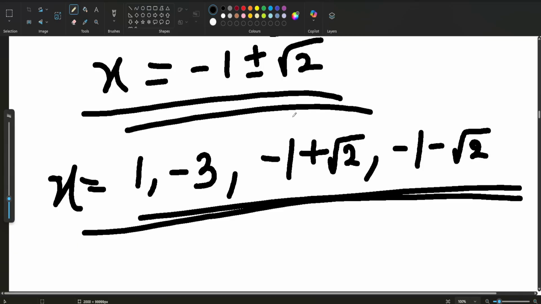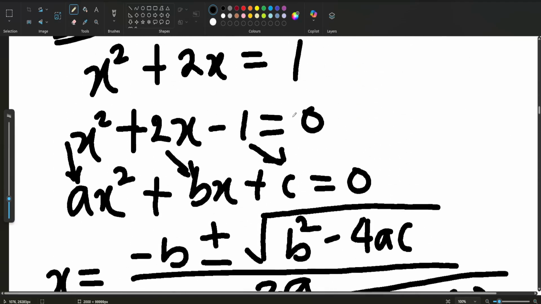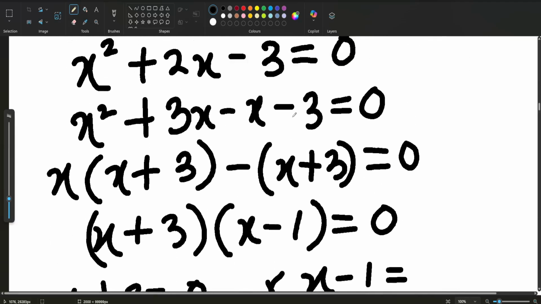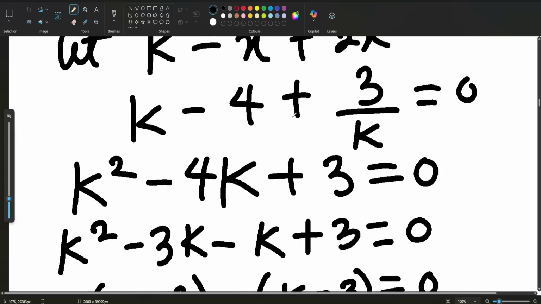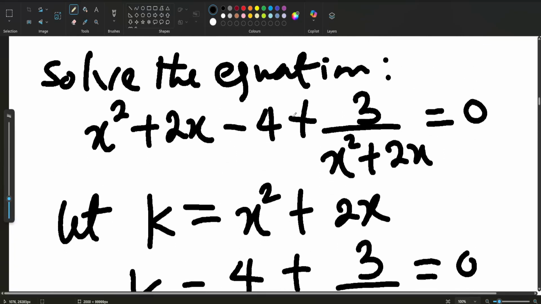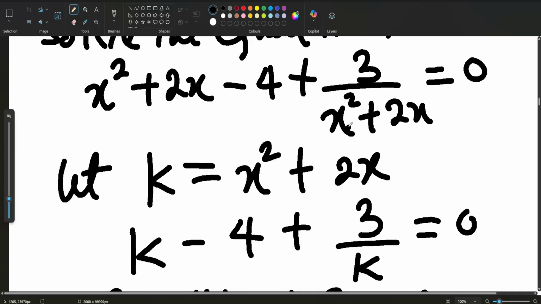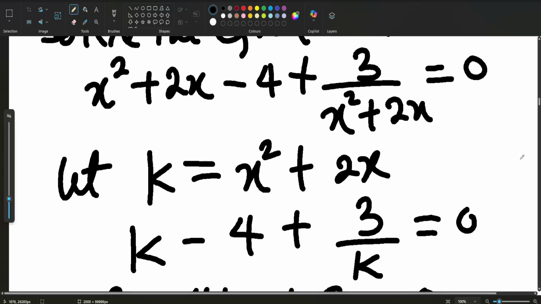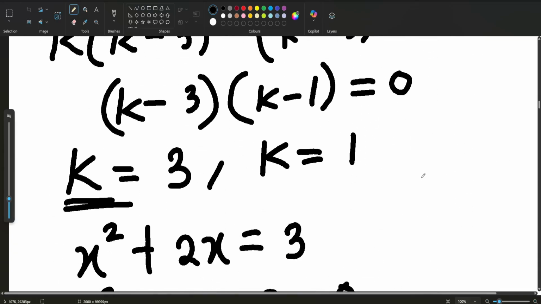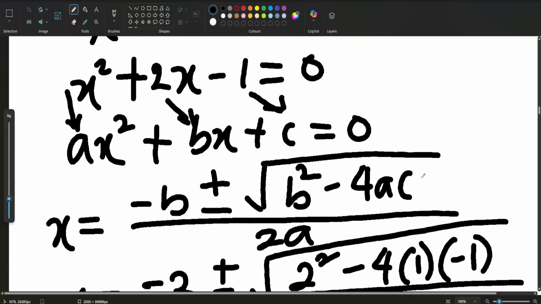This is an equation where, if you multiply the leading terms, it gives us x raised to power 4. And x raised to power 4 means it's a polynomial that will give us 4 answers. So these are the 4 values, and that's how we solve it.